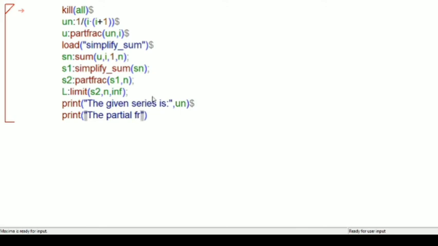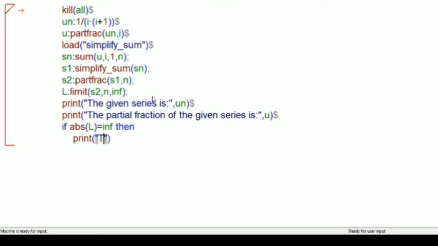Partial fraction of the given series is, yes, it is stored in u. Okay, then put a dollar sign. Then we'll verify if the absolute value of the limit is infinity, then yes, we have to print the given series is divergent.